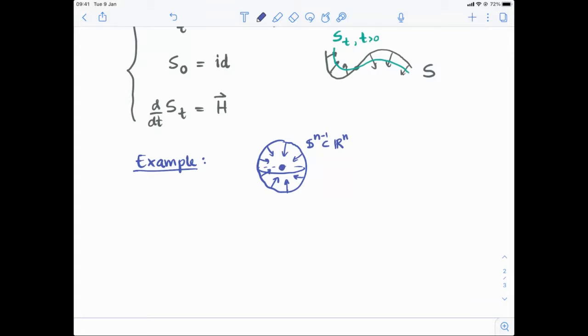So after finite time, it collapses. Some people will say collapses, vanishes, or extinguishes.